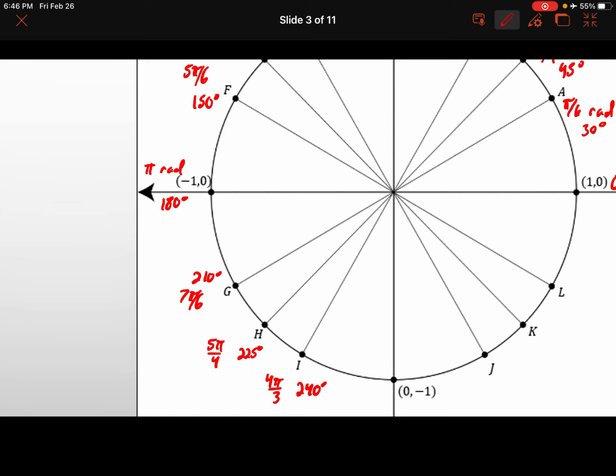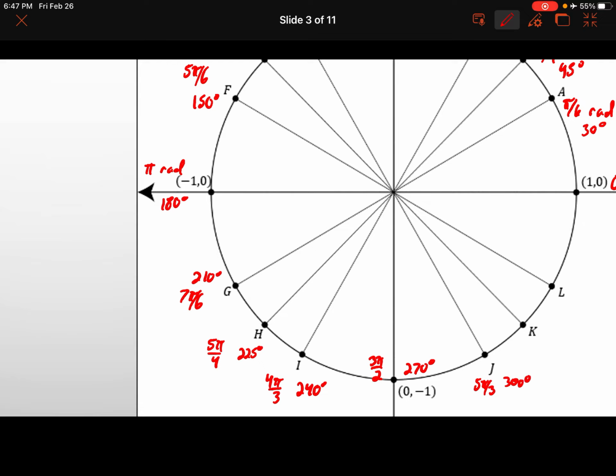The point at the bottom there, 0, negative 1, would correspond to 3 pi over 2 radians, or 270 degrees. So it's 3/4 of the way around. Point J is going to be 5 pi over 3 radians, or 300 degrees.